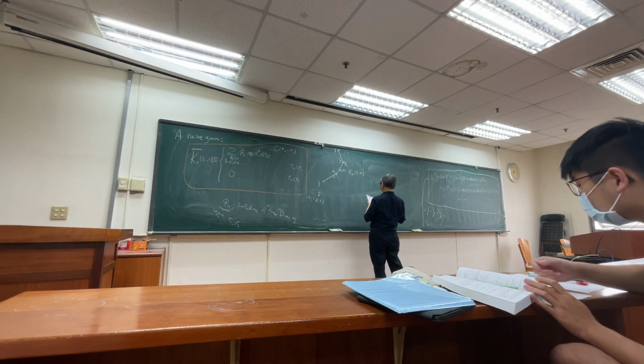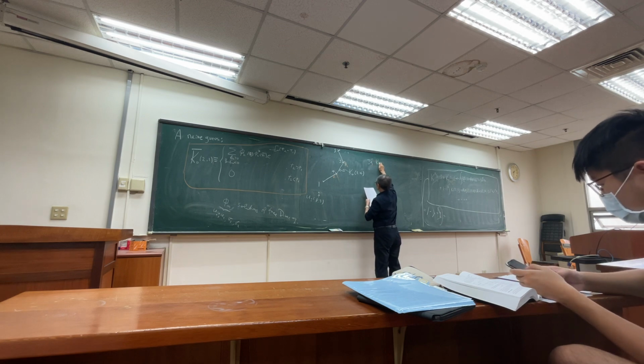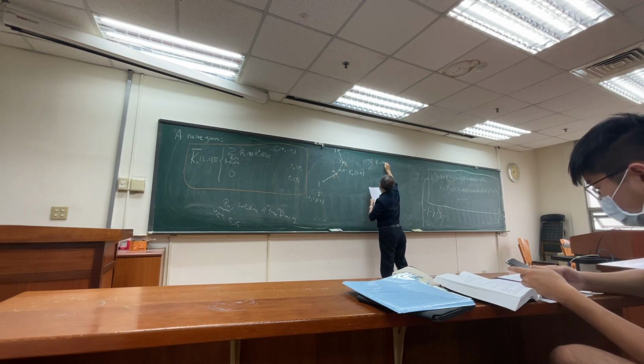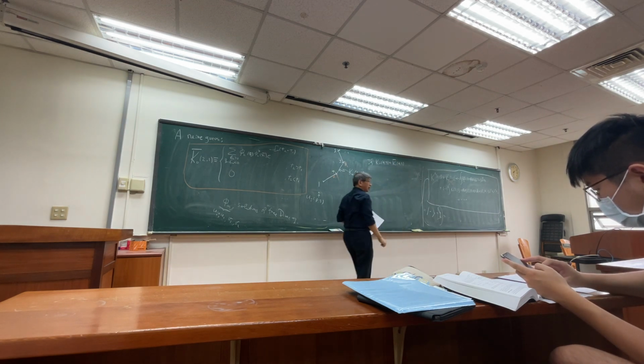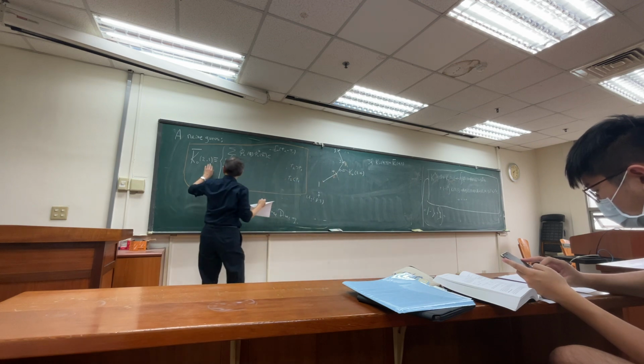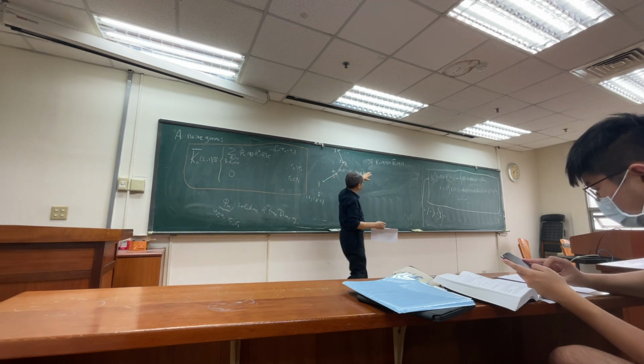So if K0 of 4, 3 is equal to K0 bar of 4, 3, that is a specific solution to the equation that K0 is expected to obey.